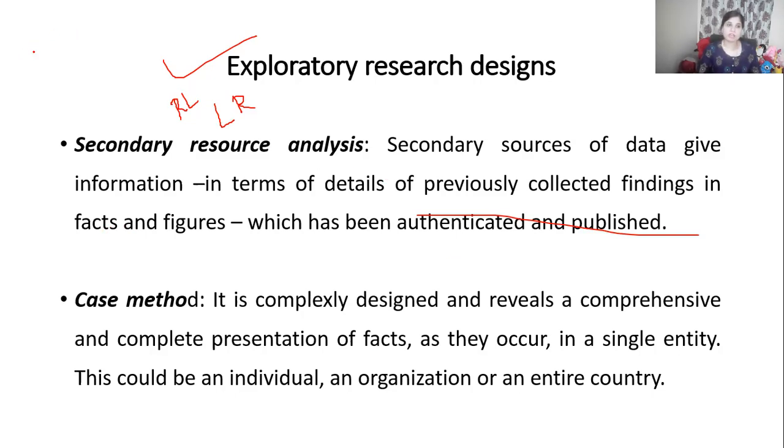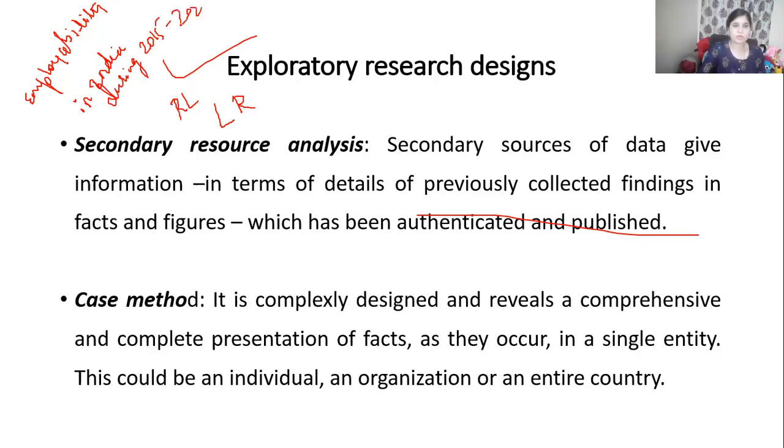Whatever the given problem we have, say for example, it is about employability in India during 2015 to 2020. So I want to do research related to this topic, this title. I have not given a complete title here, just an example.